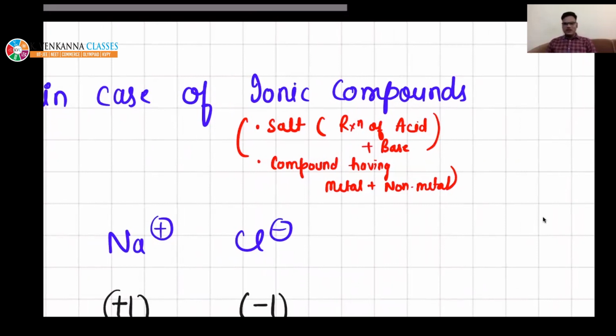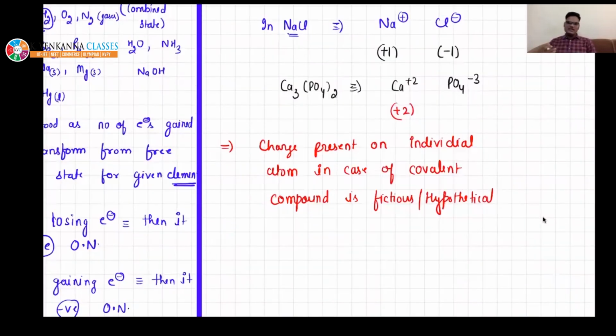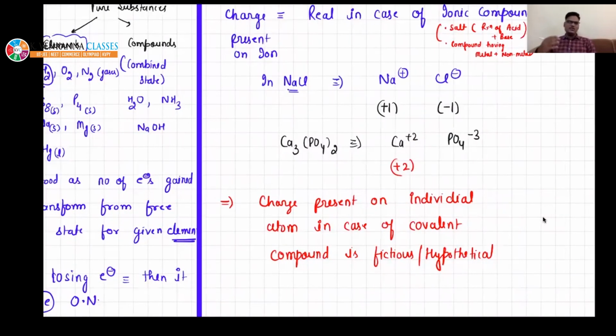Will you be able to identify ionic compounds? Okay, Abhiram will be able to, and Niharika too. So if the compound is ionic, we consider the charge on the ions real, and in a covalent compound the charge is fictitious.